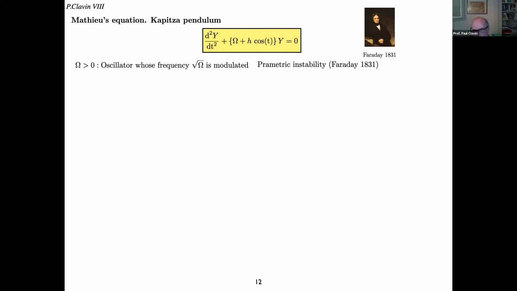For example, when you have a recipient filled with water, and you make this recipient oscillate in the z direction, you see cellular structures that appear on the interface separating the liquid from the air. This was discovered by Faraday, and it's called the Faraday instability.